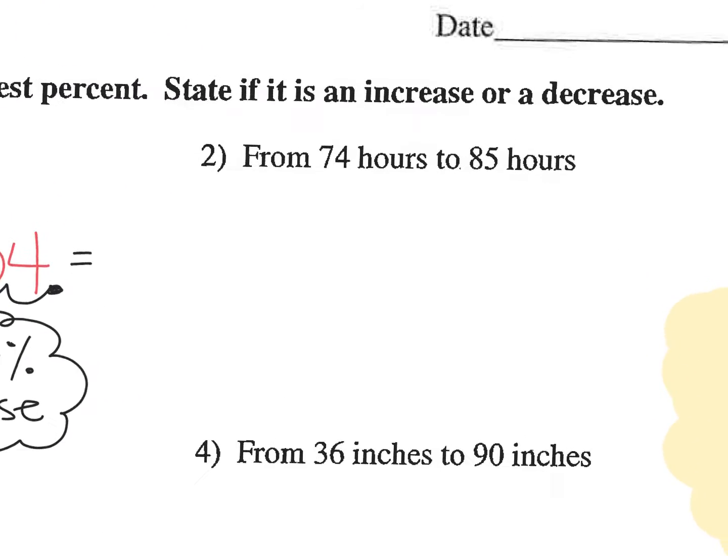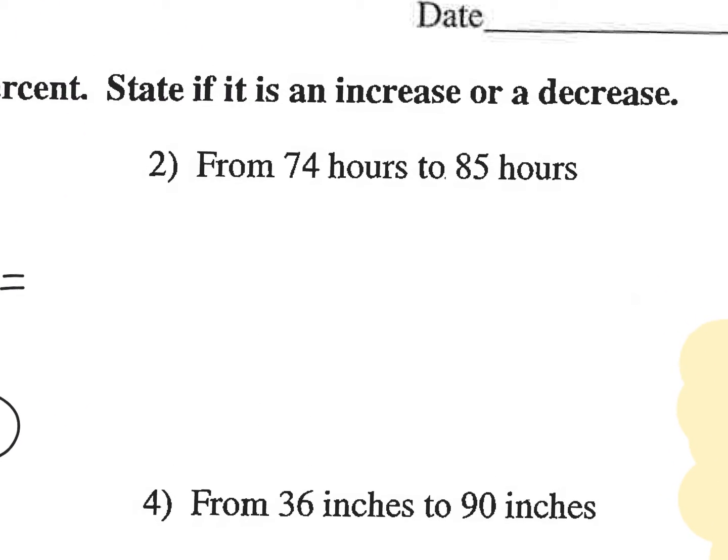Let's look at the one right next to it, from 74 hours to 85 hours. We can see that it's an increase again. So that means I'm going to do 85 minus 74, and then I'm going to have it over my original, which is 74. I put in my calculator 85 minus 74.